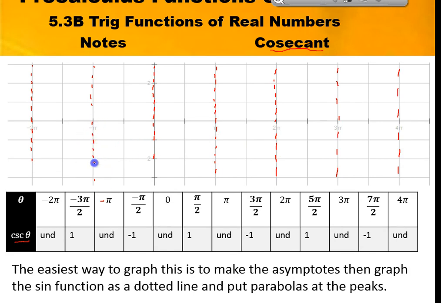Okay, so remember sine. I'm not looking at these right now, I'm just looking at what the sine looks like. Sine looks like this.